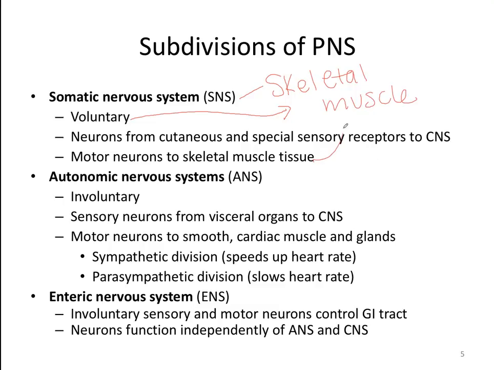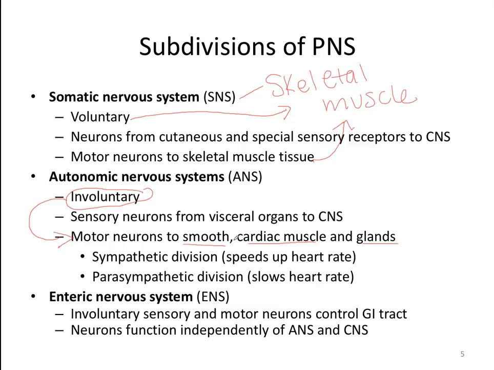PNS innervate skeletal muscle. The autonomic nervous system is involuntary, and because it's involuntary, we can link it to neural control of smooth muscle, cardiac muscle, and glands.